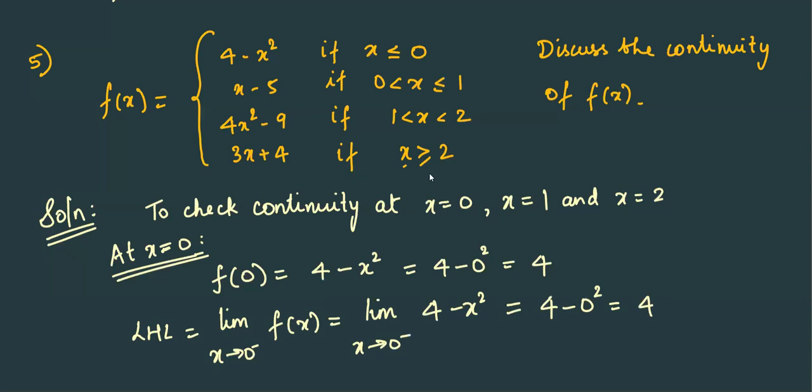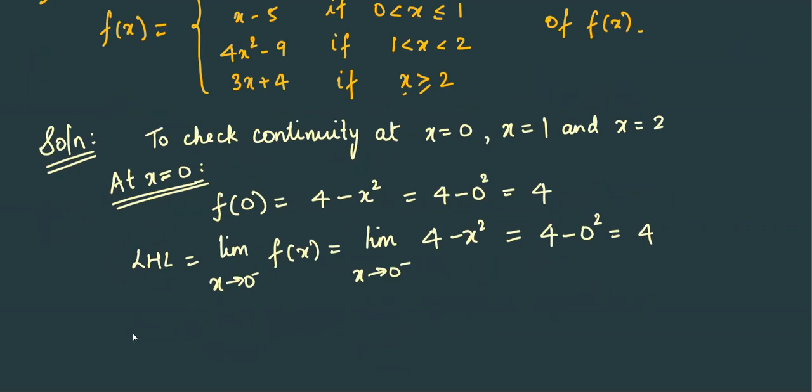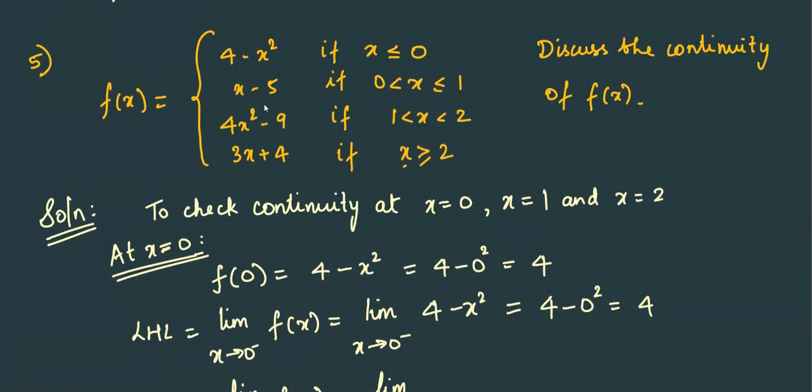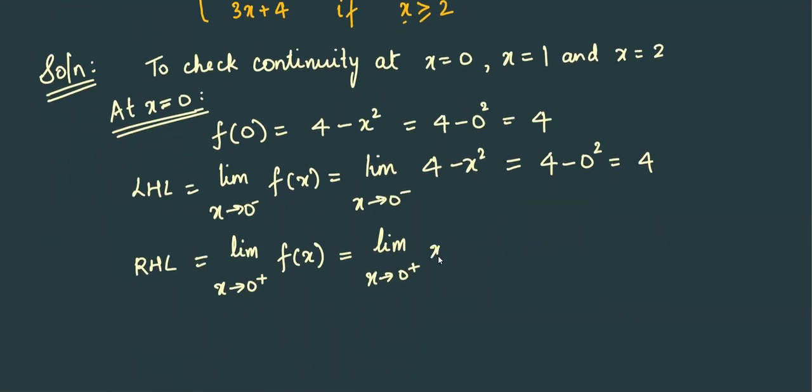Now when x tends to 0 plus, the function will be defined by the second expression, x minus 5, when x is slightly greater than 0. So as x tends to 0, we get minus 5.